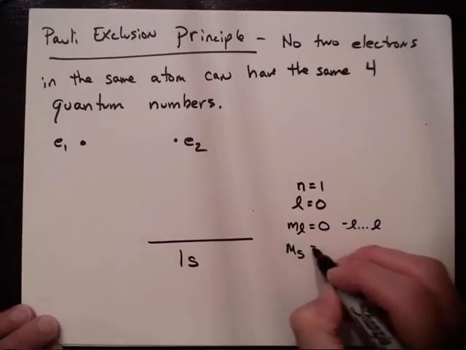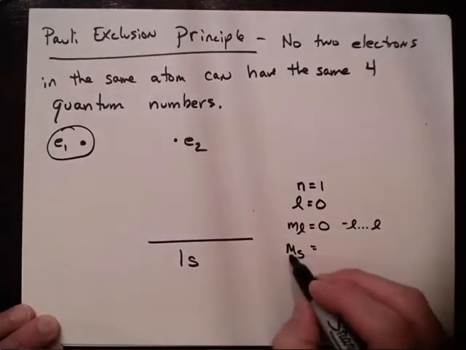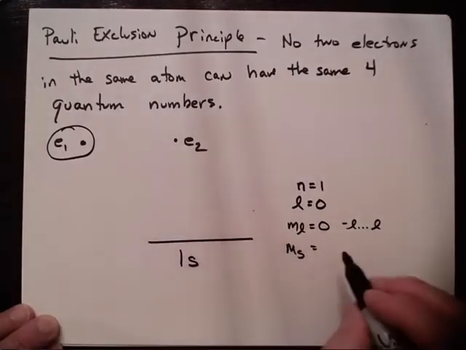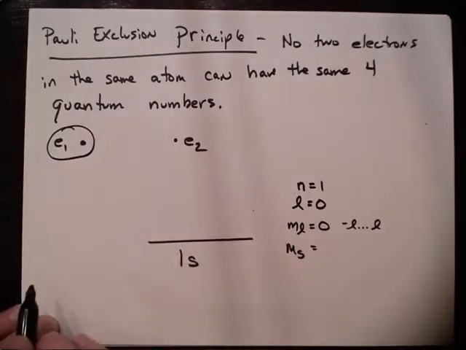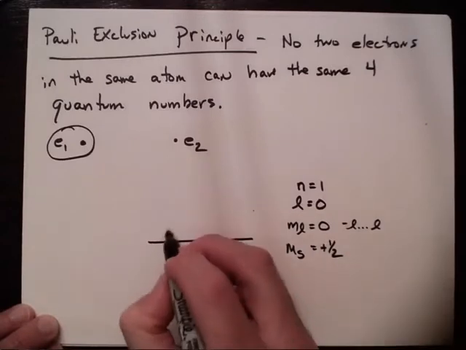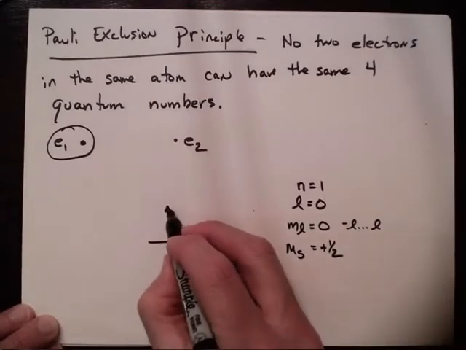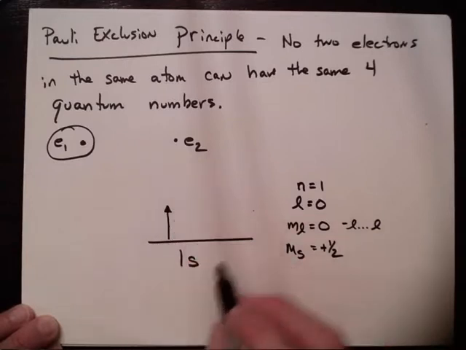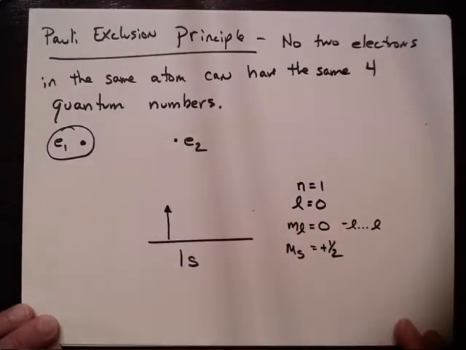Then let's say with this particular electron, we're going to give it the spin value. You might remember spin values can be plus half or minus half. We'll give this one a spin of plus half, and we designate that by sticking an arrow up in this line that represents a 1s orbital.